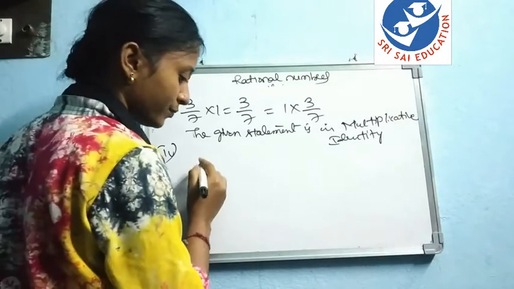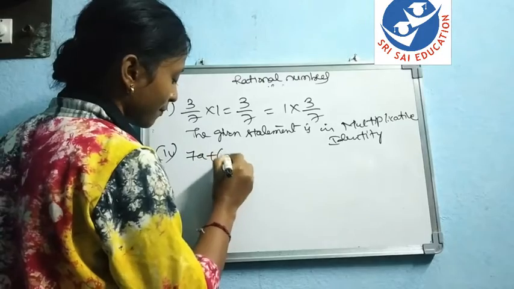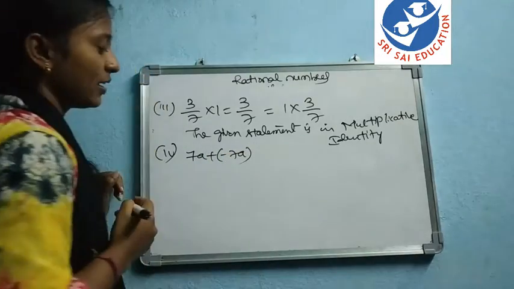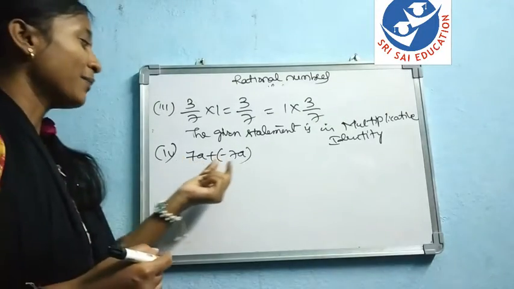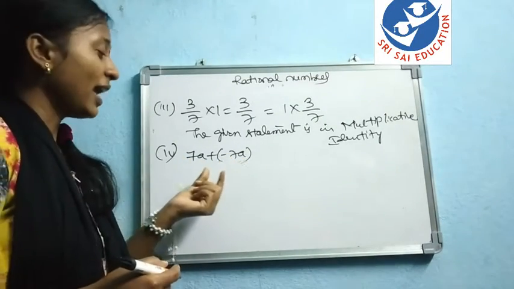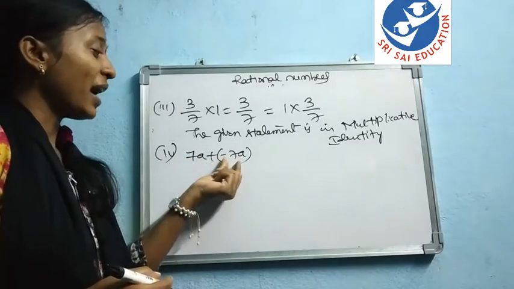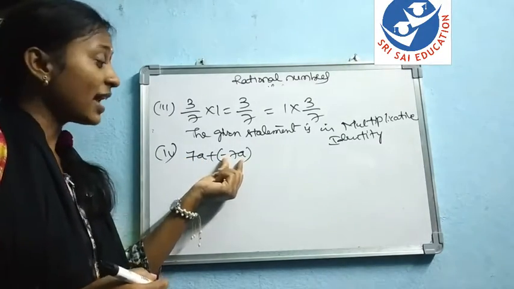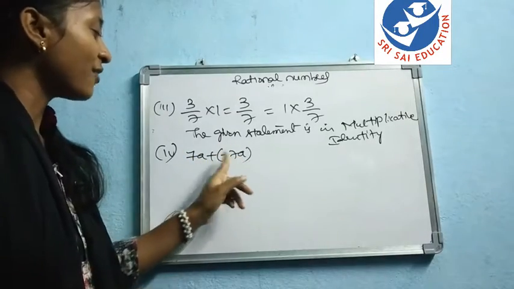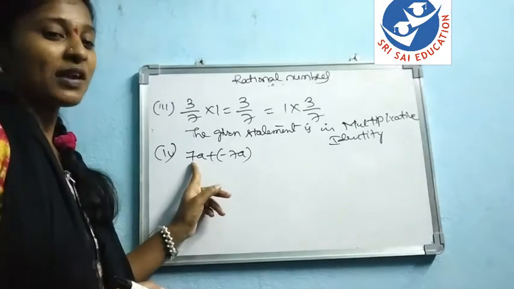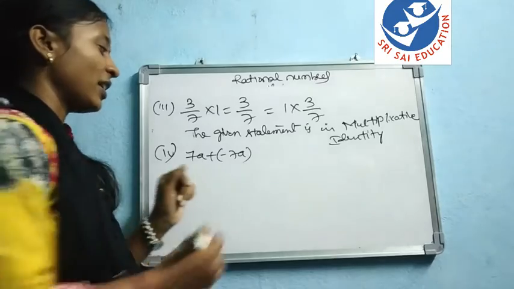Next problem. 7a plus minus 7a. 7a is a positive number and minus 7a is negative. So 7a plus minus 7a is the additive inverse. Minus 7a is the additive inverse of 7a, and 7a is the additive inverse of minus 7a.